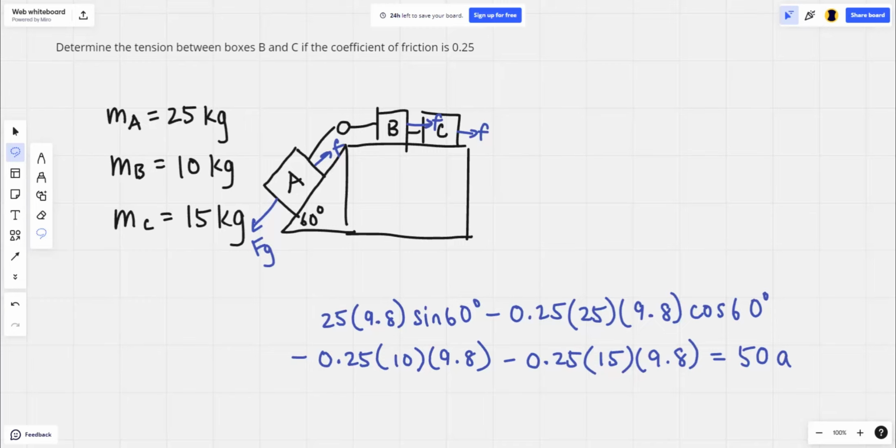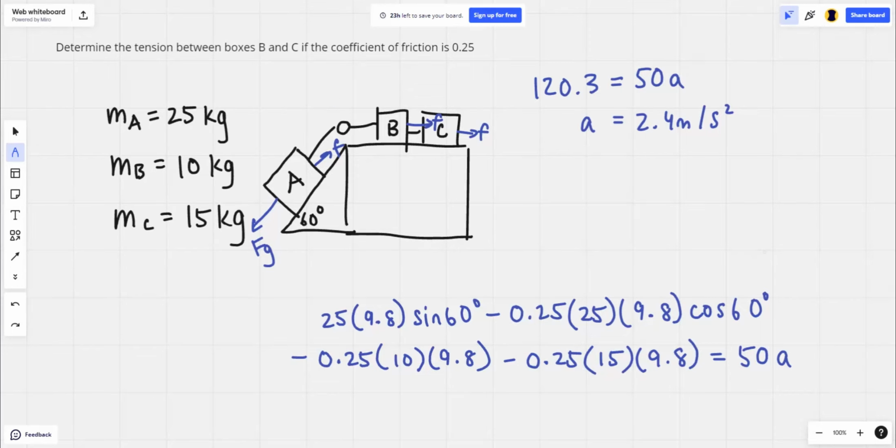Okay, so I got approximately 120.3 on the left. And to isolate for A, we can divide both sides by 50. So 120.3 divided by 50 is about 2.4 meters per second squared. And that's the acceleration of the whole system, which means block A, block B, and block C are all going to accelerate at 2.4 meters per second squared in this direction.